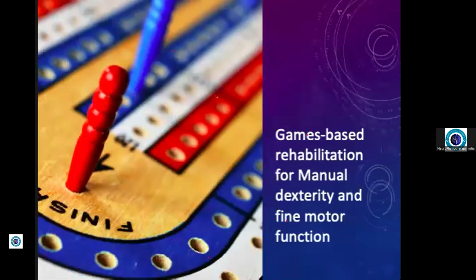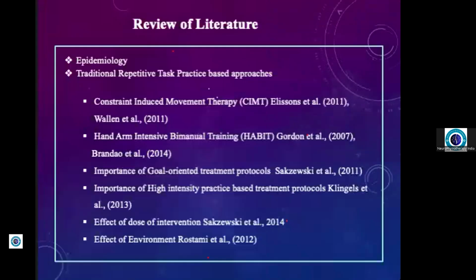So that was about balance, and that was about trunk control. How about manual dexterity? How about fine motor control? So far, what we know is that fine motor function impairments are commonly seen in children with CP, in children with different neurodevelopmental disorders.